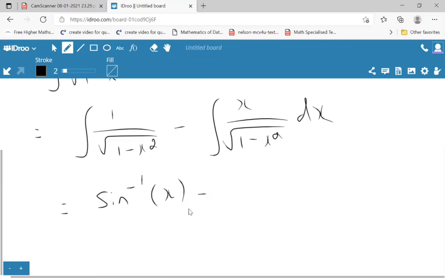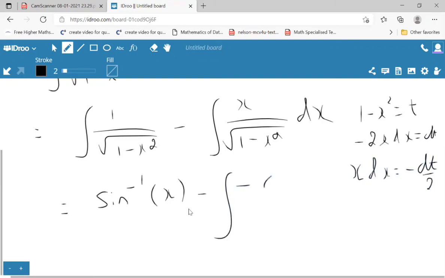Here, we can solve this by the method of substitution. Let me take 1 minus x squared as t. So I'll get minus 2x dx is equal to dt, or x dx is equal to minus dt by 2. Let us substitute that.